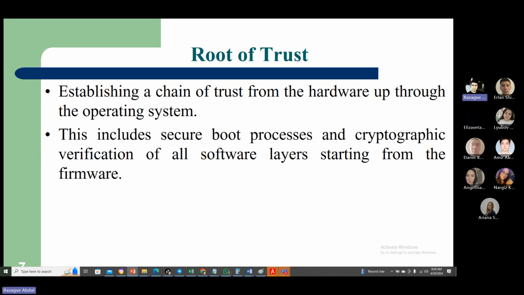This process involves verifying the digital signatures of operating system and software components before they are allowed to execute. This verification is based on cryptographic algorithms that ensure the software hasn't been tampered with since its last trusted update.